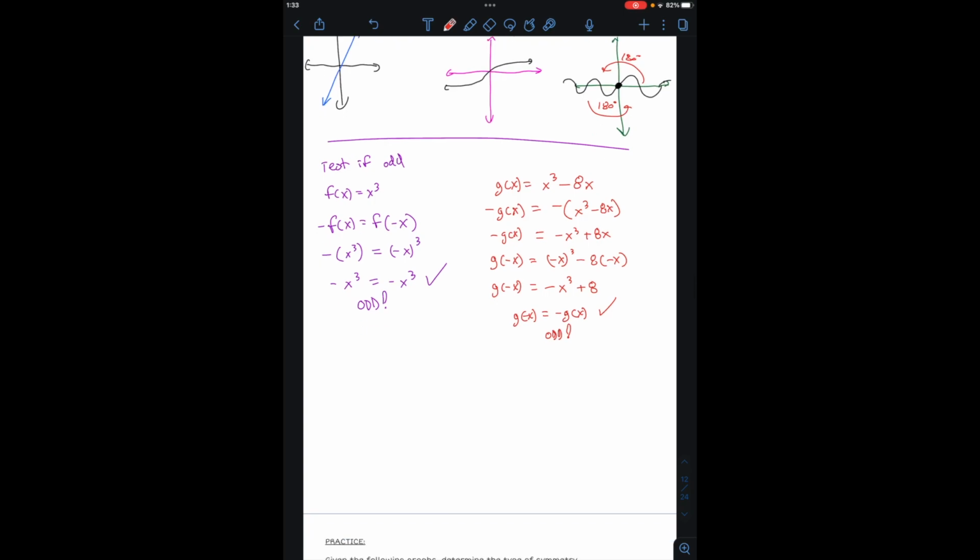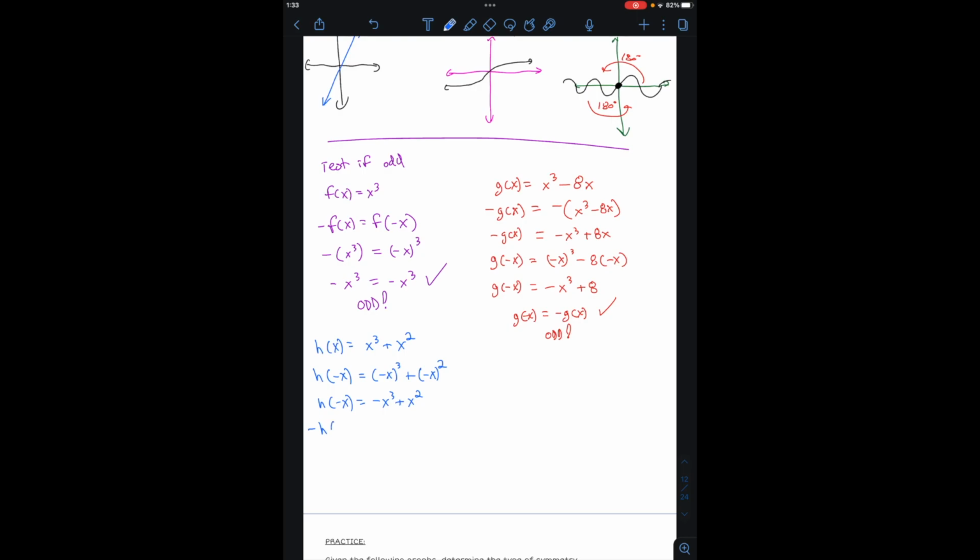Okay, and let's do an example that doesn't work. So let's try h of x equals x cubed plus x squared. So h of negative x would equal negative x cubed plus negative x squared. And that would be negative x cubed, and negative times negative gives me just positive x squared.